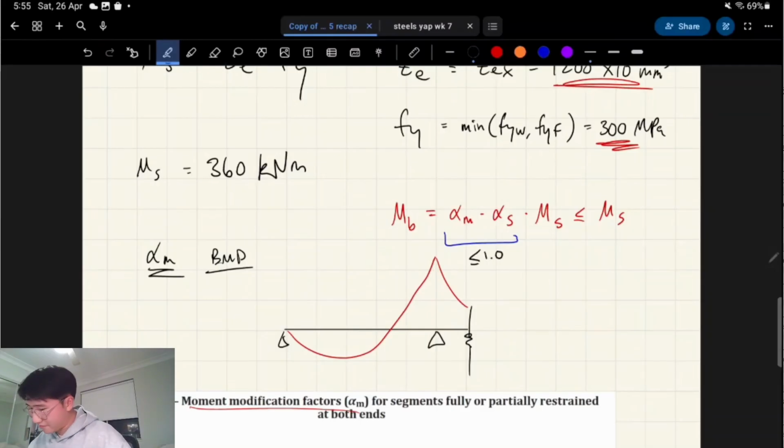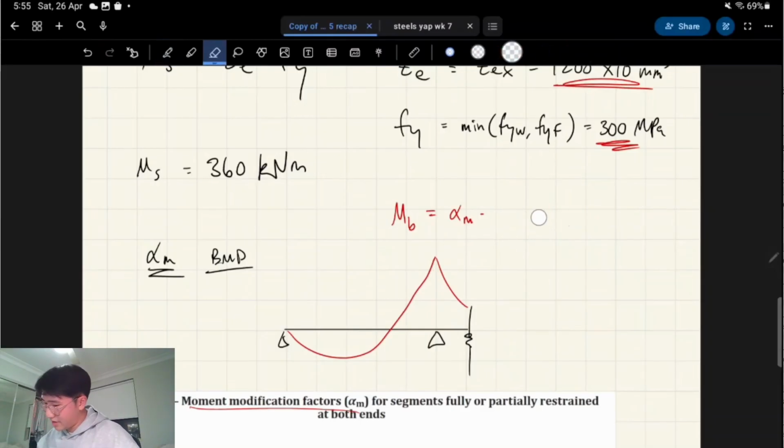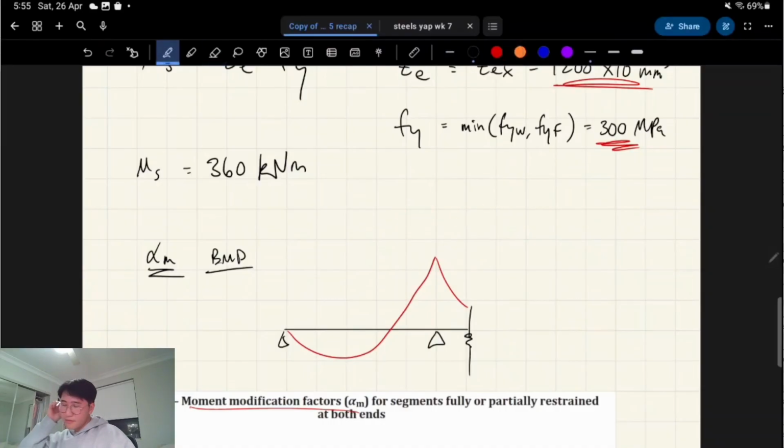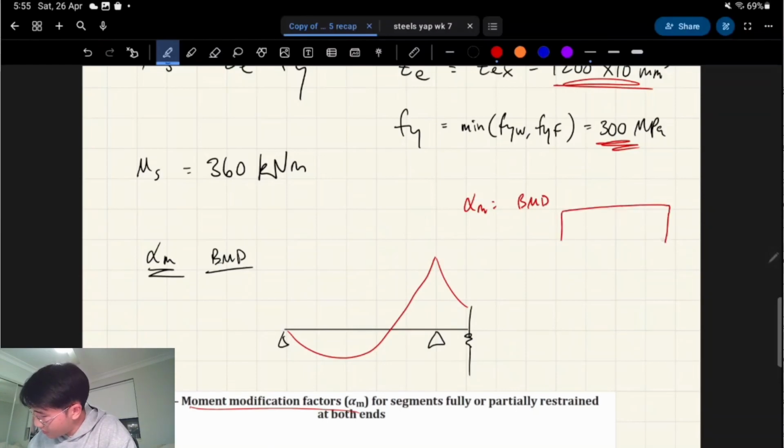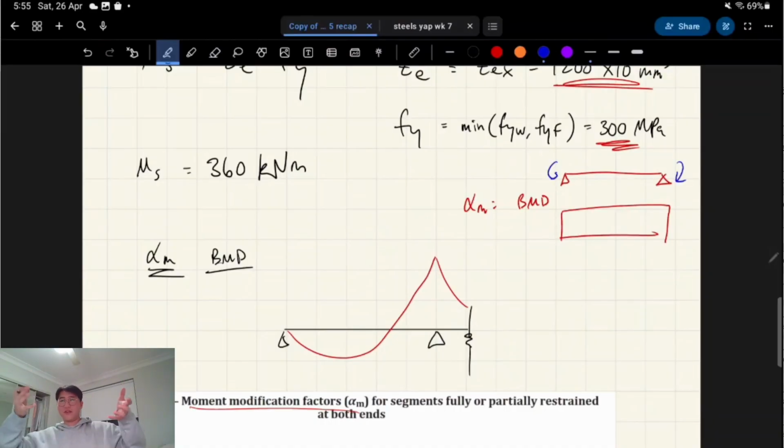Okay, whatever. What alpha M actually does is it gives you additional strength, or sometimes it reduces it in the cantilever case, based on how bad your loading is. So the worst case loading you can get for alpha M is a bending moment diagram which looks like this, just a rectangle. How do you actually get that? You basically need your beam to have point load moments on both ends.